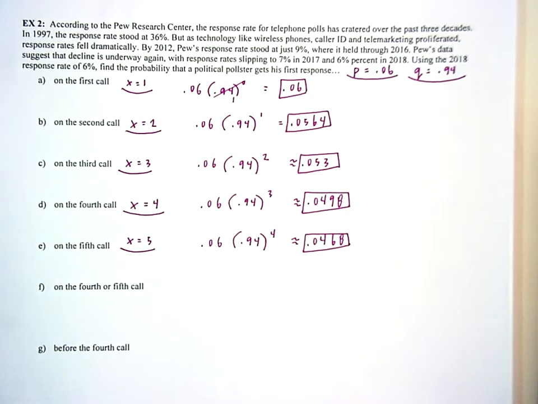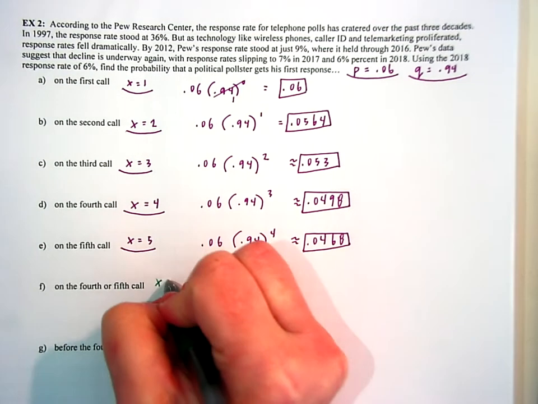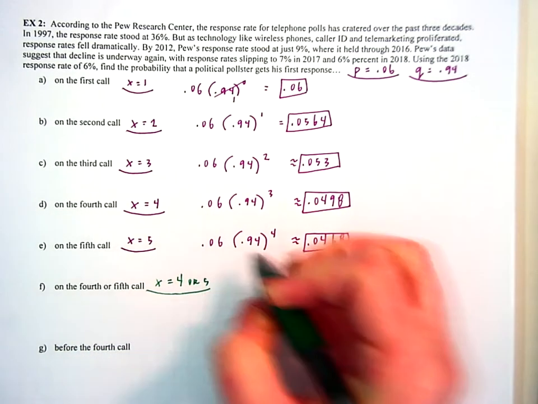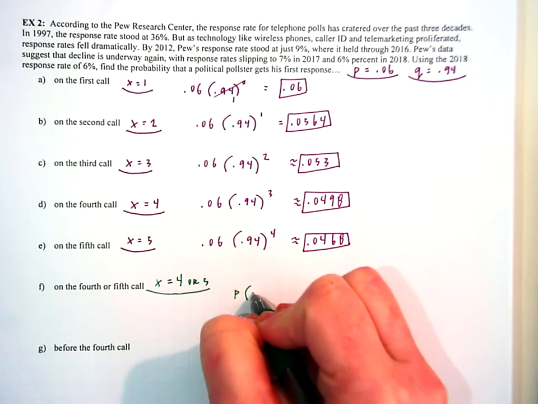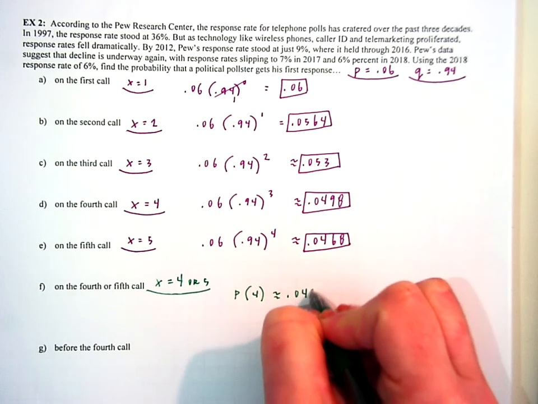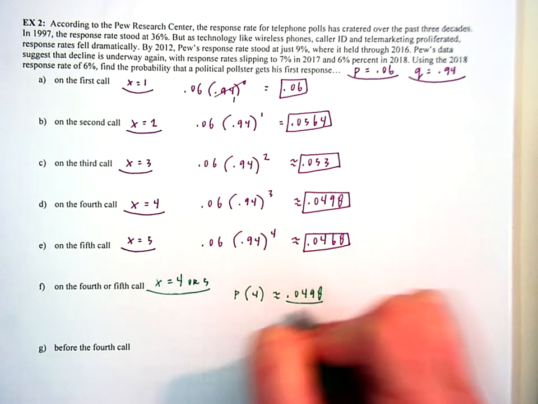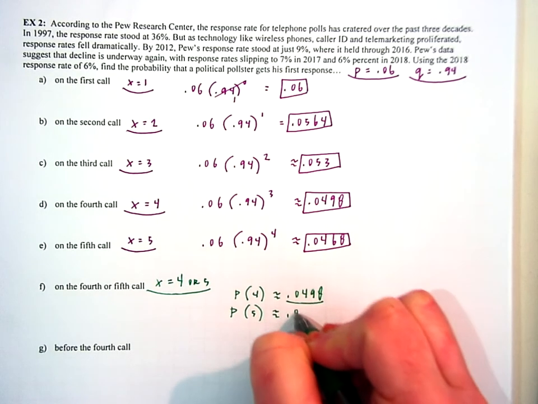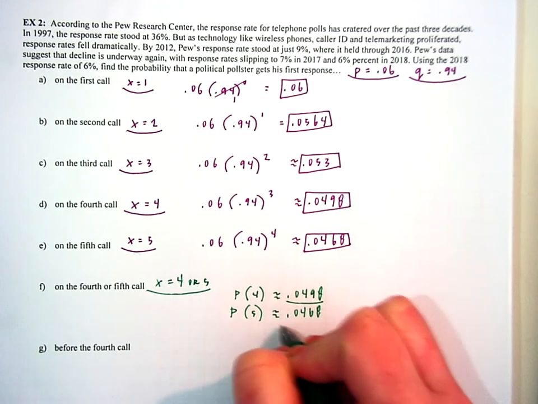All right, next in F, I'm saying, well, what about on the fourth or the fifth call? So that means that X could be 4 or 5. Well, that's easy enough. I just have to add those 2 up. So the probability of being successful on the fourth try was 0.0498, and being successful on the fifth try, 0.0468.